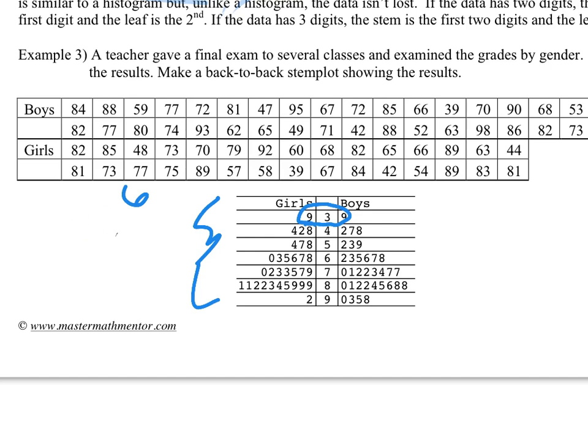Let me do it again. The data goes left to right, 39. For a boy, there's also a 39. And if you look up at the data, I think I could find them. 39, 39, somebody tell me where they are. Oh, here it is. Here's the boy data, 39 girl data.